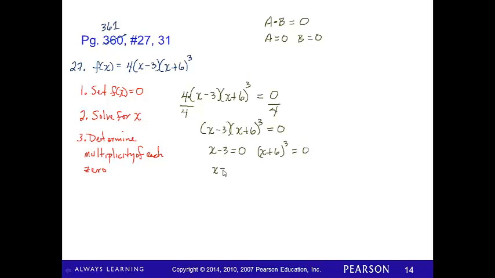So this is just x equals 3, and it only appears one time, so it has multiplicity 1. Here it says x plus 6 raised to the third power equals 0. Well, to get rid of the third power, we would actually take the cube root on both sides.